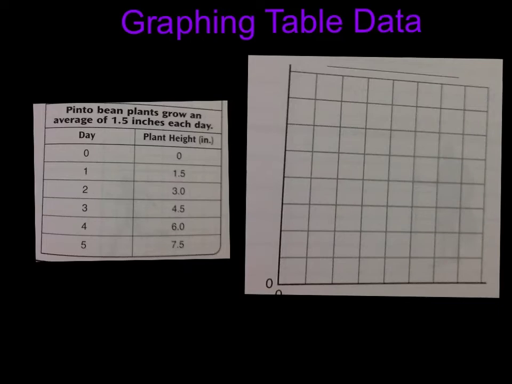First, I need to set up my graph with all of the important numbers and information so I can effectively graph my data. The title of this graph is going to be Plant Growth. Then I need to decide how I'm going to scale both sides of my graph.